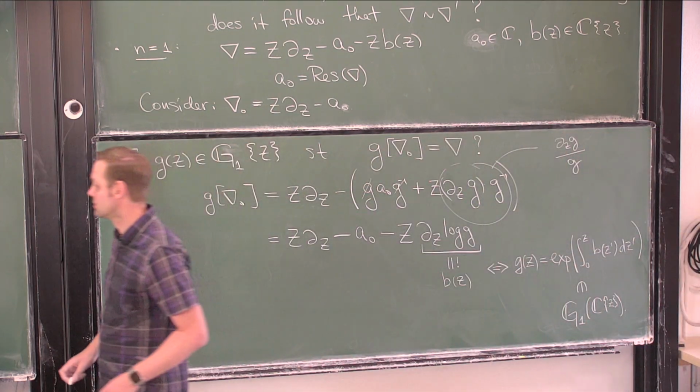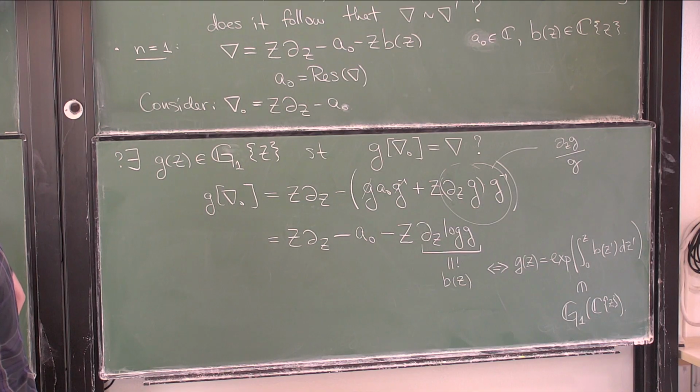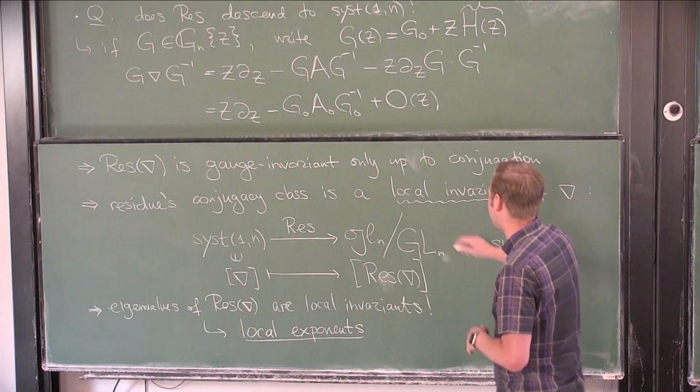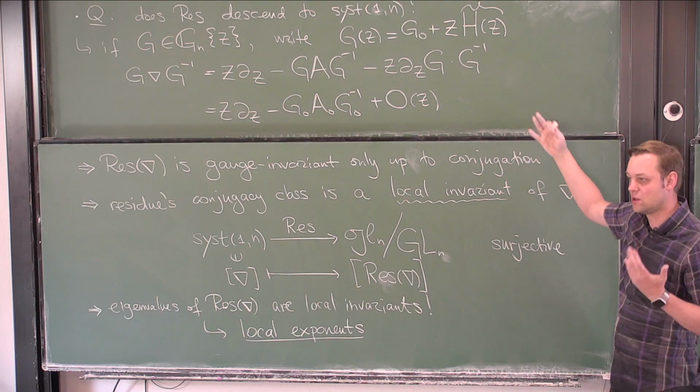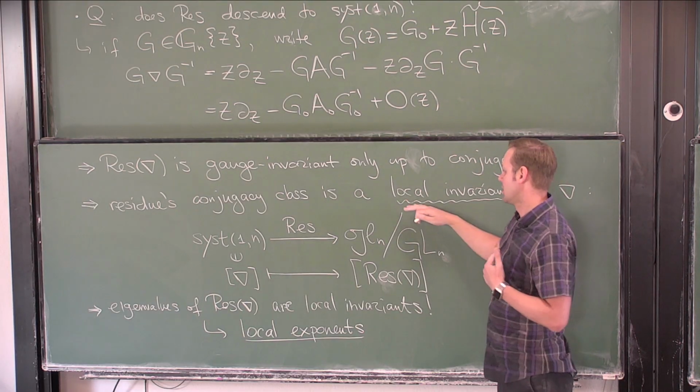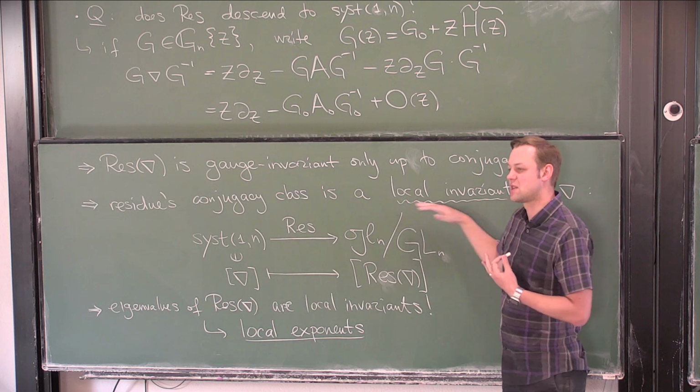I just want to ask, in what sense is that invariant local? So when I say local, it's because we're studying very local properties of these systems. Let's just use this as a definition.